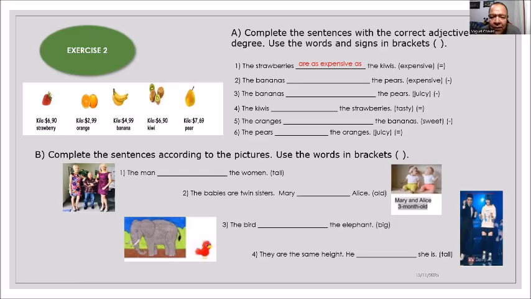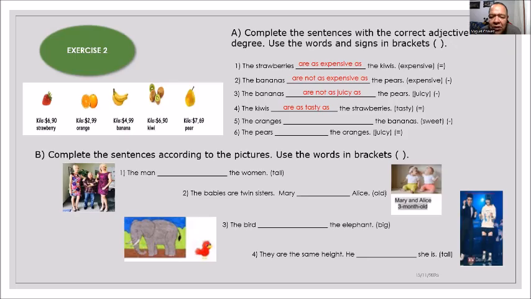Number 2, the bananas are not as expensive as the pears. Number 3, the bananas are not as juicy as the pears. Number 4, the kiwis are as tasty as the strawberries.